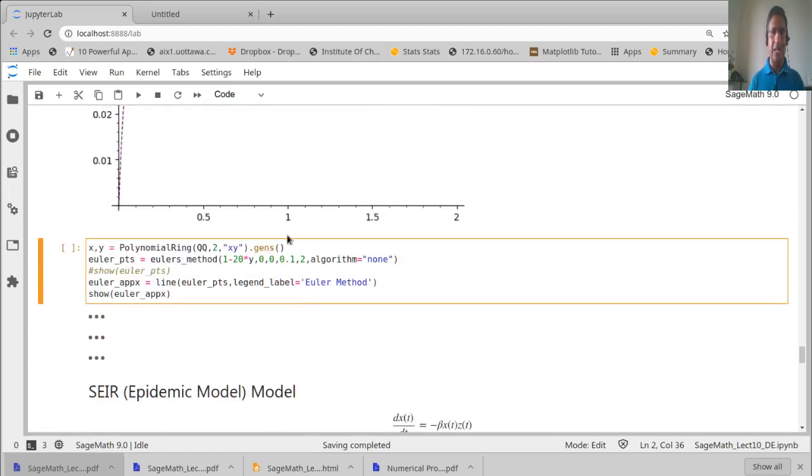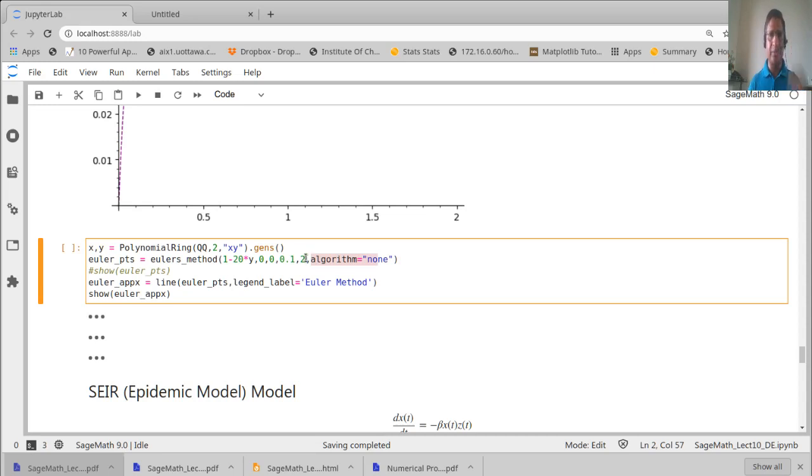And then the interval from 0 to 2 with the step size 0.1. For the algorithm, let it use the default. Then the solution it will produce is a set of points xi, yi between 0 and 2.